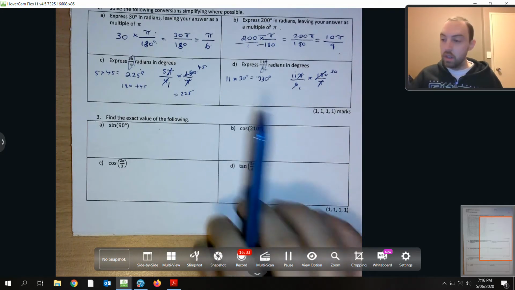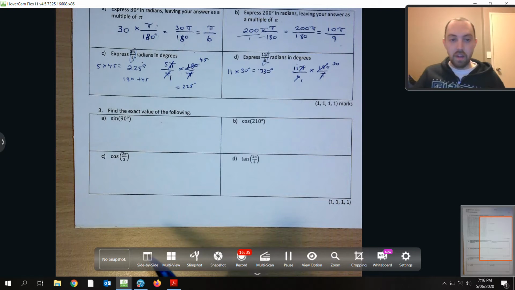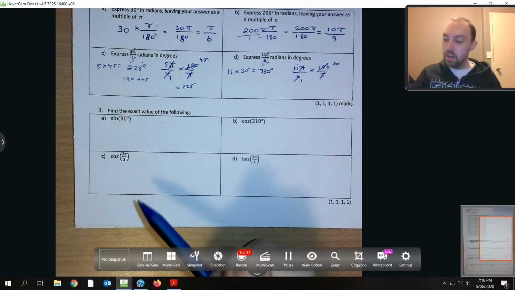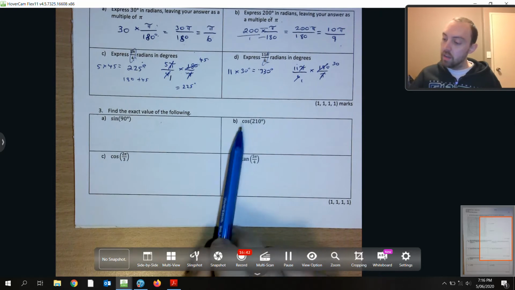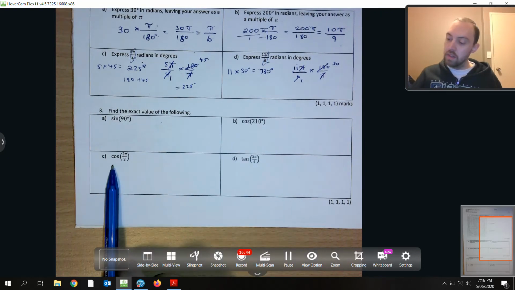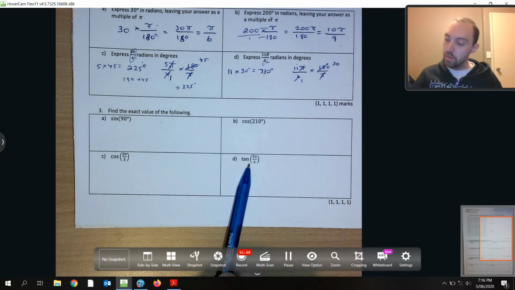Question 3. Find the exact value of the following. A is sine 90, B is cos 210, C is cos of 2 pi on 3, and D is tan of 5 pi on 4.